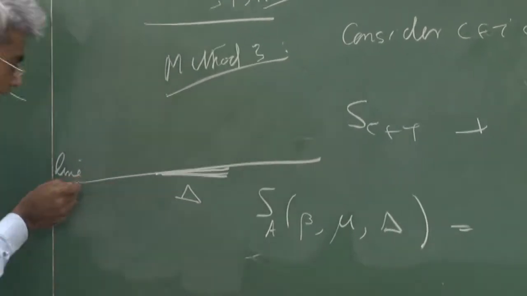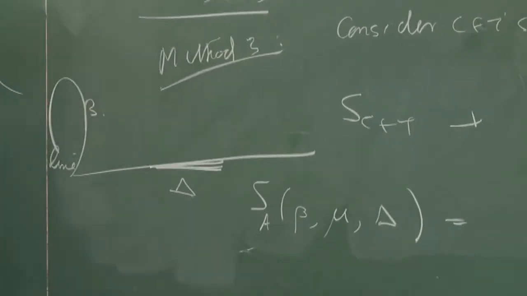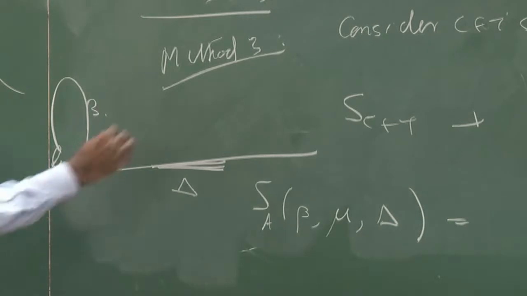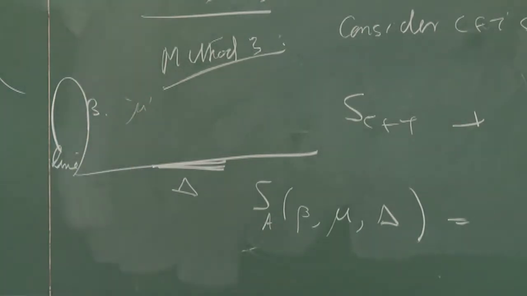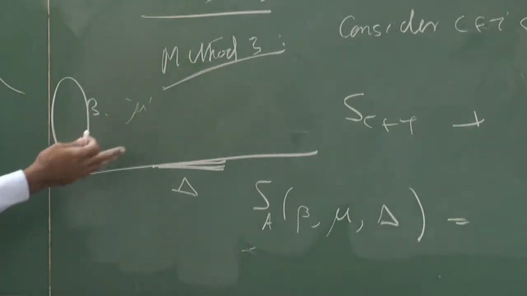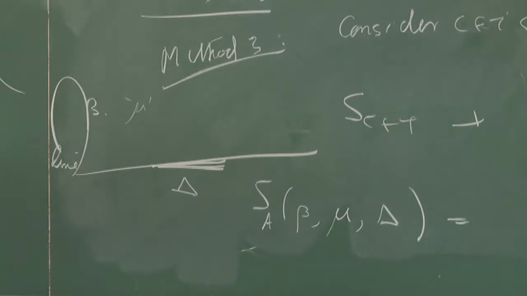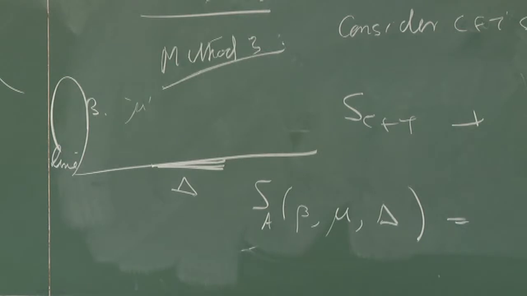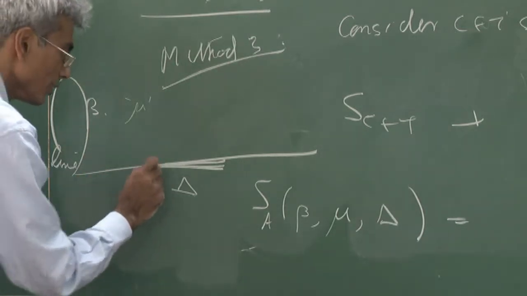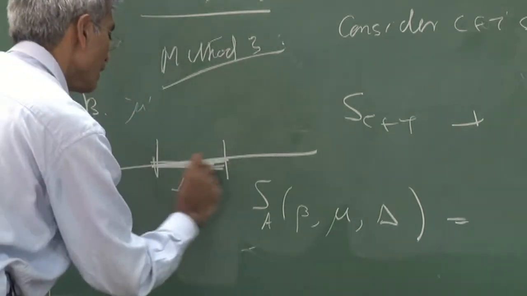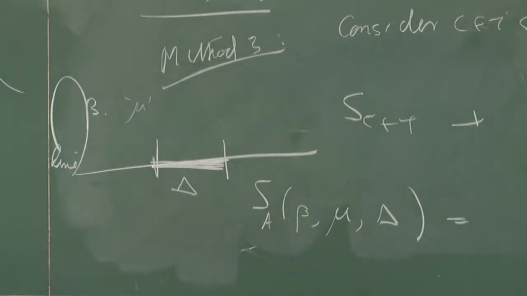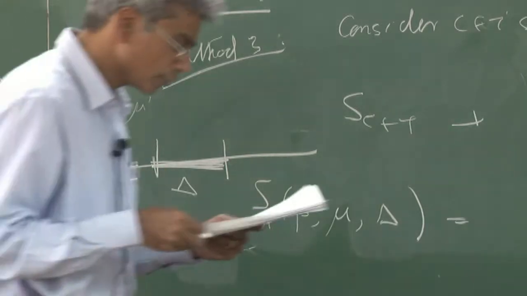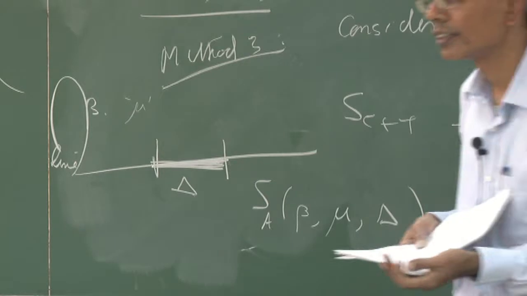There's a delta, and the circle is the temperature, and there is a chemical potential mu. It can be various spin currents, but in particular we are interested in spin 3, though we have results for others also. So this is the configuration. We have a CFT, delta and mu.